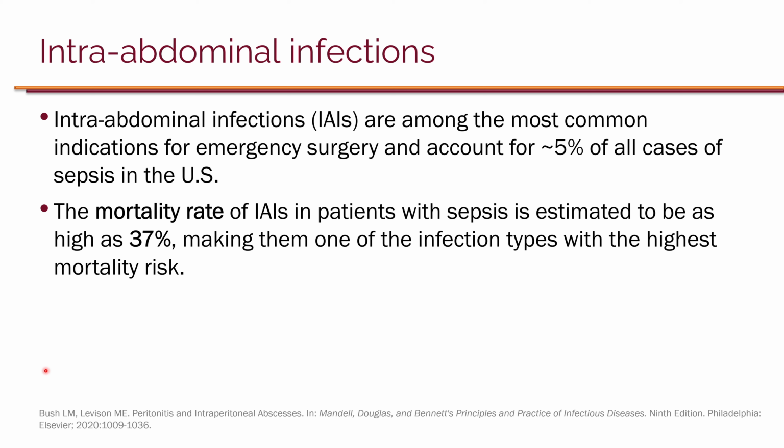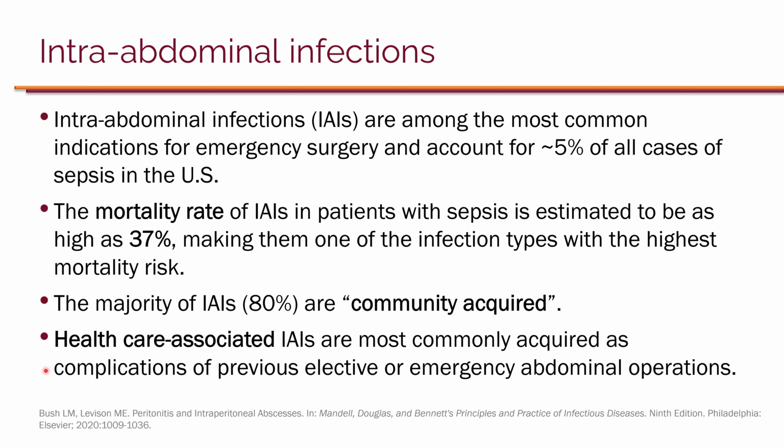The mortality rate of intra-abdominal infections in patients with sepsis is estimated to be as high as 37%, making them one of the infection types with the highest mortality risk. The majority of intra-abdominal infections are community acquired, so about 80% of them are in the community.